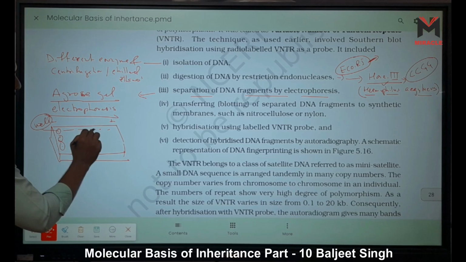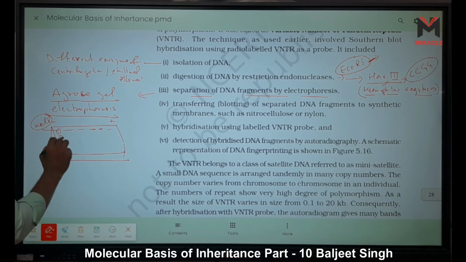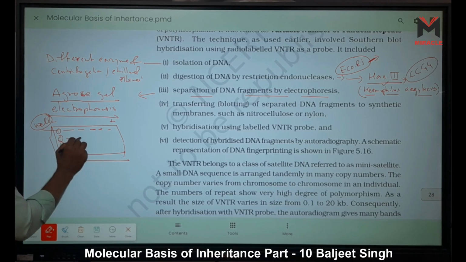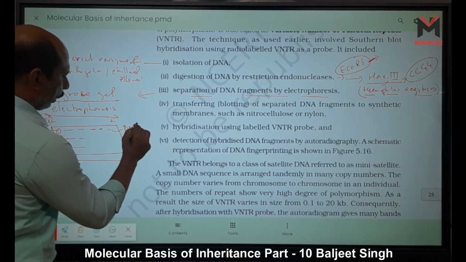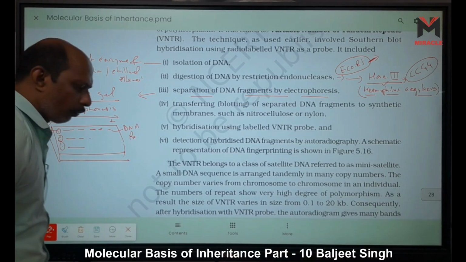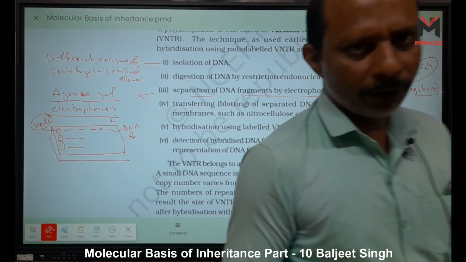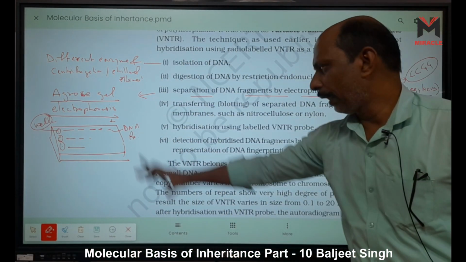So the smallest one is that. This side the smallest one is there, and this side the largest one is there, right? So this is the smallest fragment. These are DNA fragments. So we can separate DNA of different lengths through gel electrophoresis.